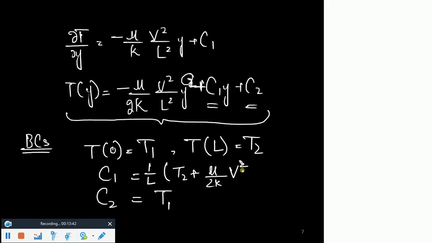Okay, are you sure about that? What is that? Come on, you just need to find it out. Minus T1. So we have come up with this C1 and C2 value.